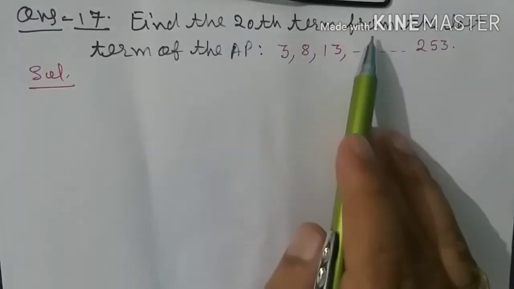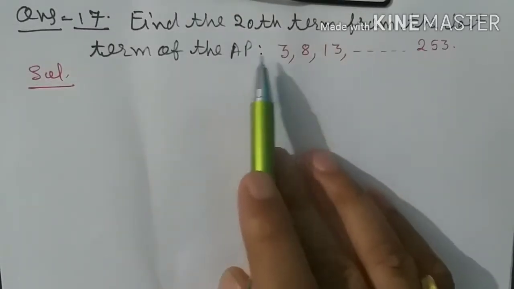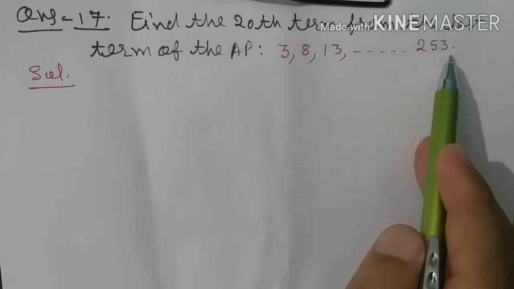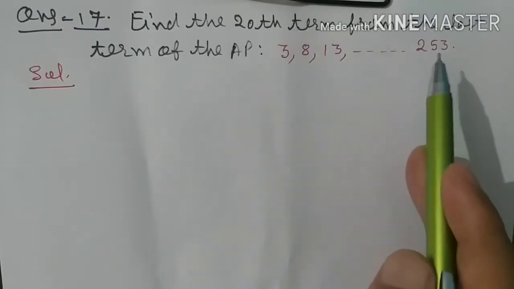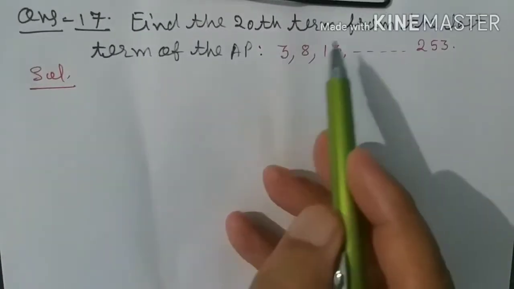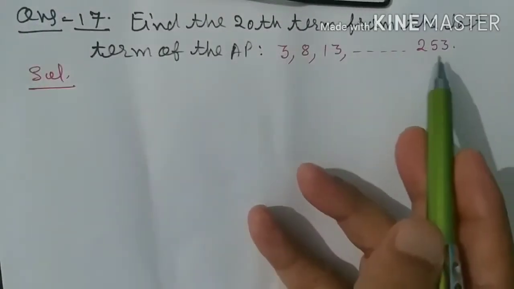Find the 20th term from the last term of the AP 3, 8, 13, up to 253. Now this is the last term of the AP.